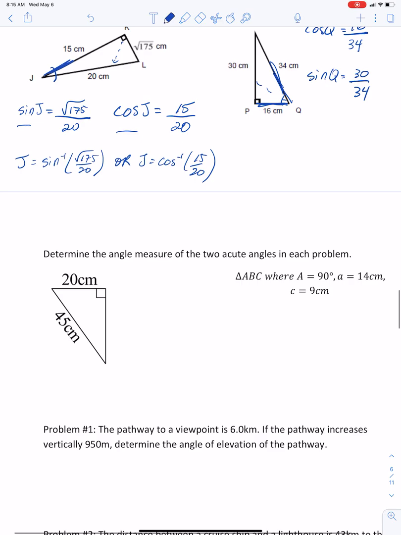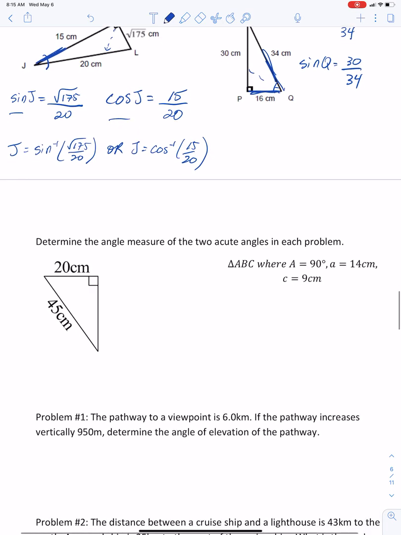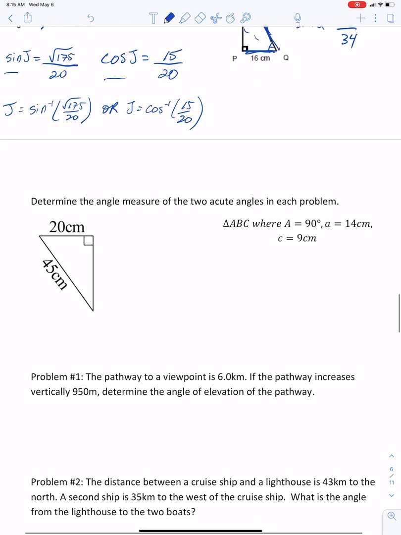Let's look at these problems down here. So determine the angle measure of the two acute angles in each problem. So I want to find this angle and this one. I already know that this up here is 90. So let's say we start with this angle up here. Let's call it A. If I'm at A, I want to decide in terms of opposite, adjacent, and hypotenuse, which one is this and which one is this.